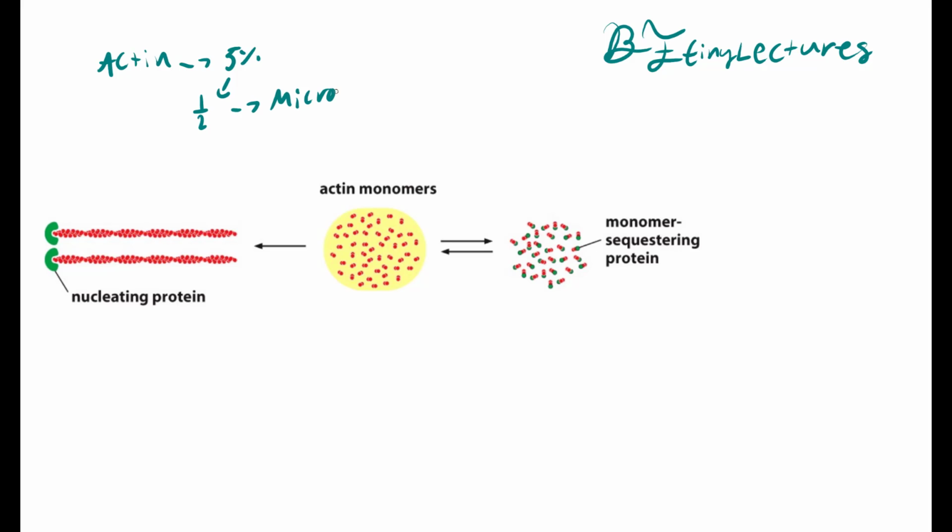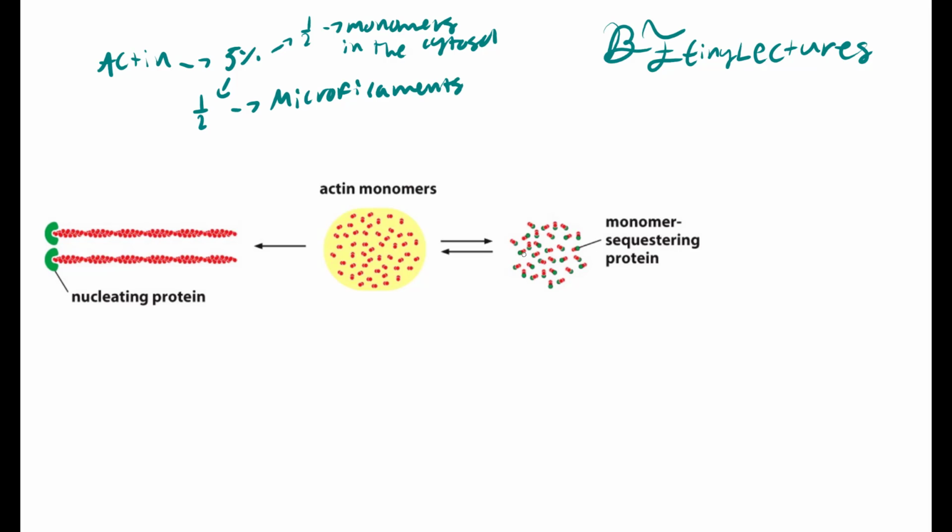So these are microfilaments. And the other half is monomers. So where are these monomers? Well, they're monomers inside the cytosol. So the cytosol.